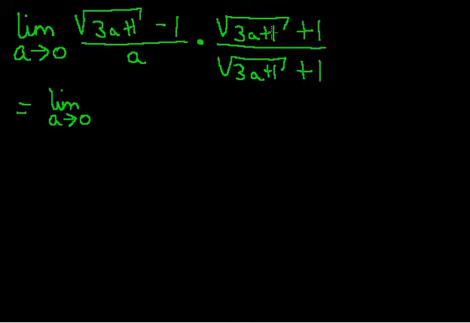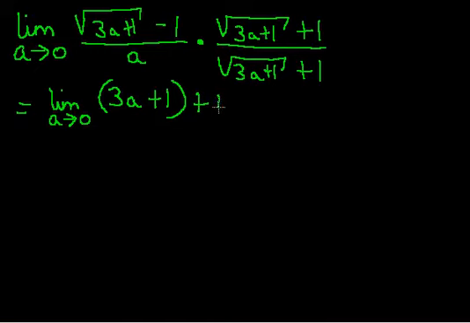And the square root of 3a plus 1 times the square root of 3a plus 1, since they're both in square roots, when you multiply two things within a square root that are the exact same thing, all that happens is that the square root disappears. So it would be 3a plus 1. And then it's negative 1 times the square root of 3a plus 1. So, hold on, put this in parentheses.